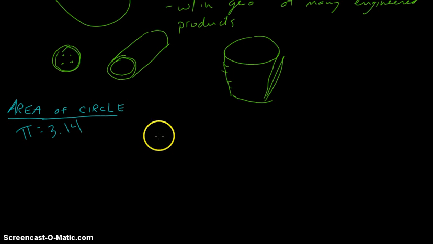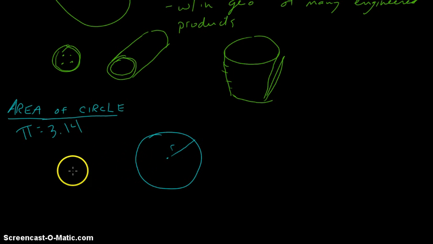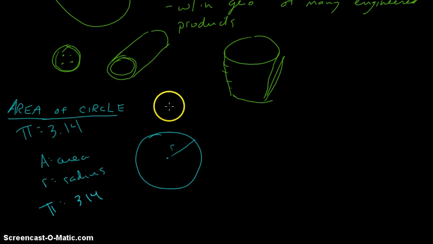So if we have a circle and the radius is right there, and so our area would be, r equals our radius, and pi equals 3.14.